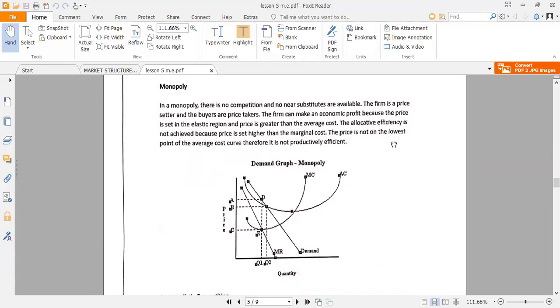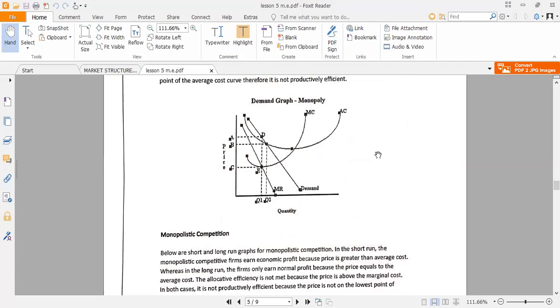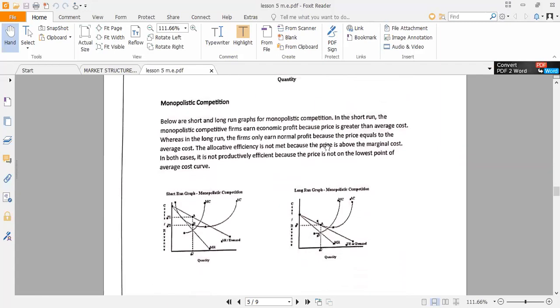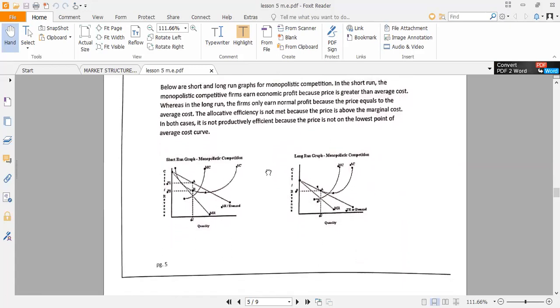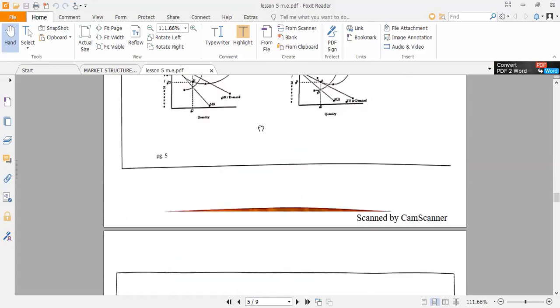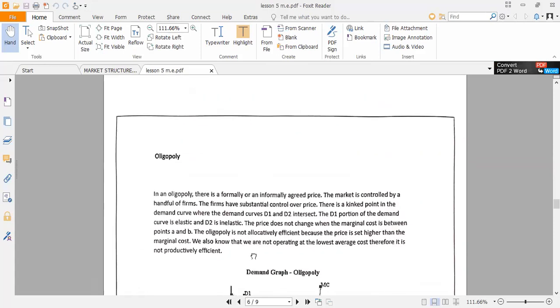So this is a graph of a monopoly. There's no competition. There are no close substitutes. The firm is a price setter, and they make economic profit because price is set in the elastic region. I talked also about Trade Kings and Unilever. They have the following graphical implications.